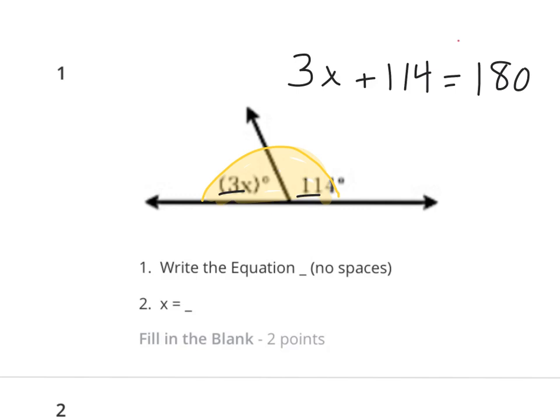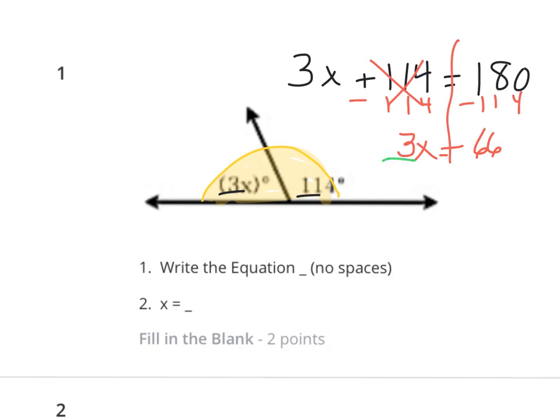So if I solve this, I subtract 114 on both sides, and that will leave me with 3x equals 180 minus 114, which is 66. And I saw a lot of people making this mistake right here, just leaving the answer as 66.